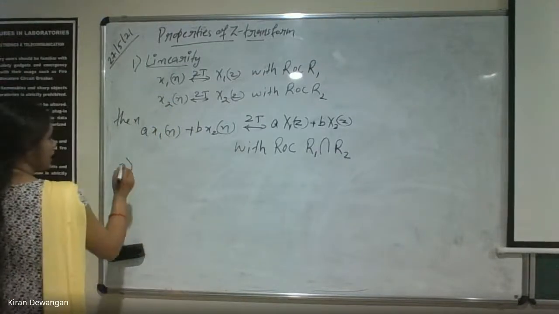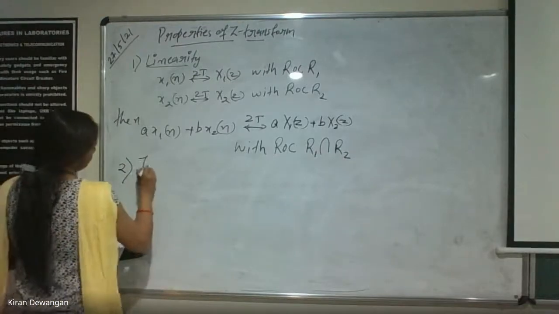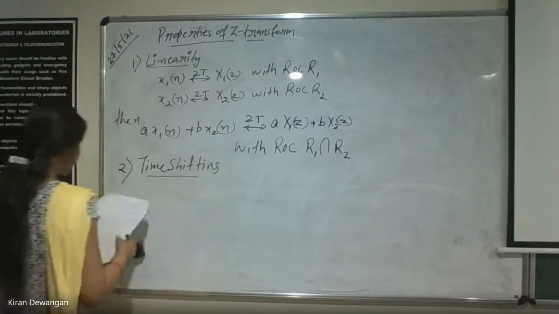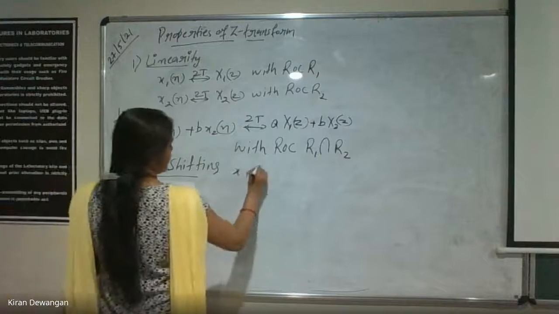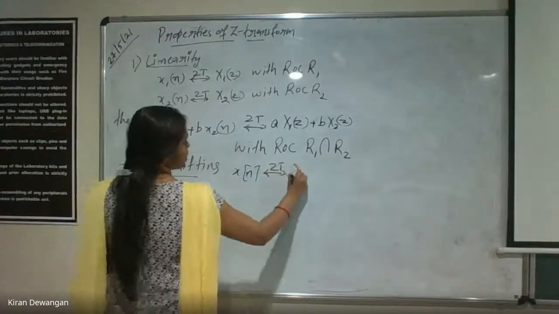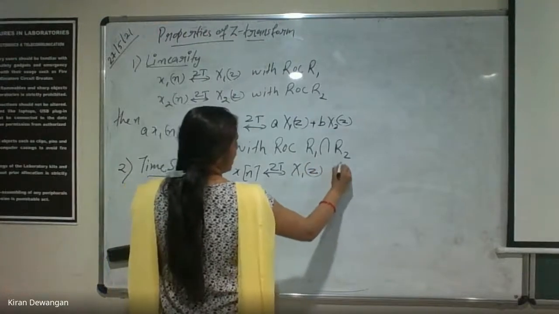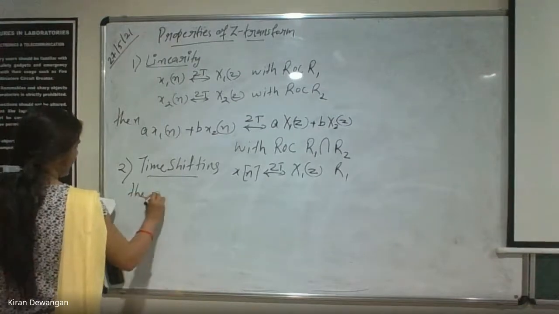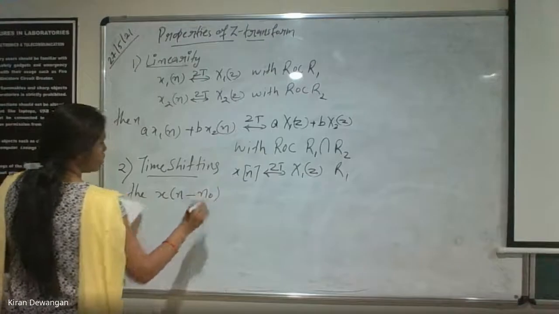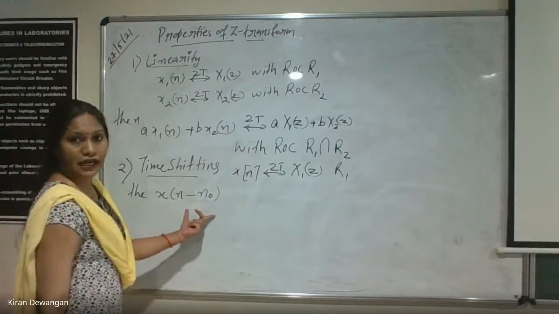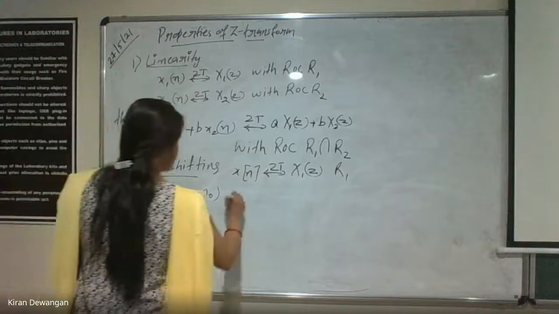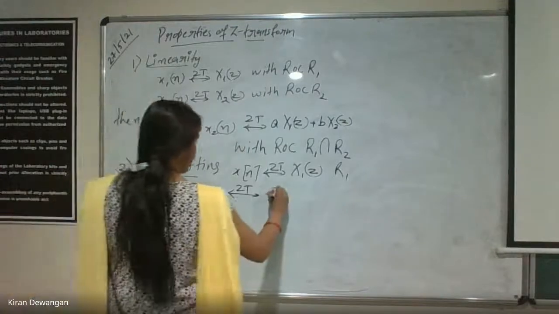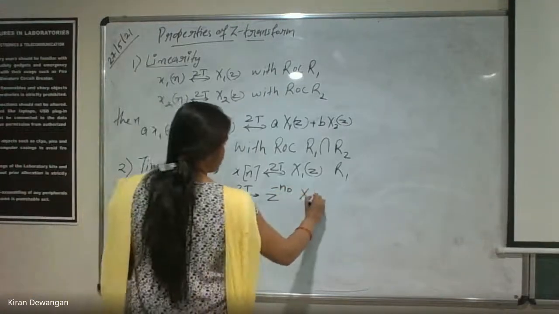The second property is time shifting. Now in the time shifting property, if x of n has Z transform X of z with ROC R, then x of n minus n naught, that is, we are shifting the time by n minus n naught, in that case the Z transform would be z to the power minus n naught X of z.